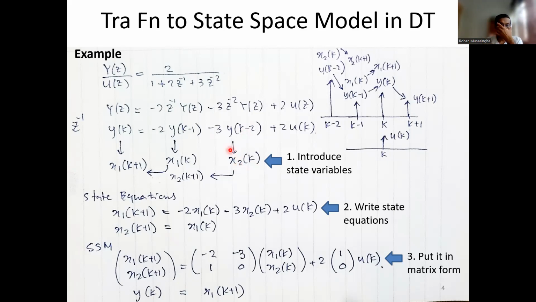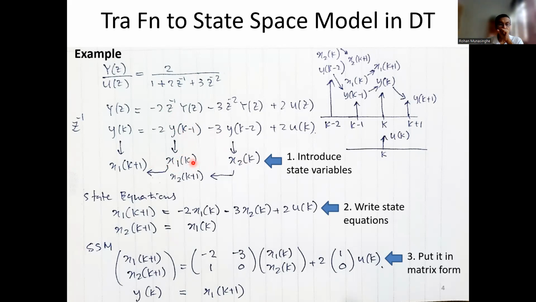And if you look at the other, more recent sample, k minus 1, which is 1 step ago, you write down x1, another state variable, different from x2. This is x1, and time is k, present time.